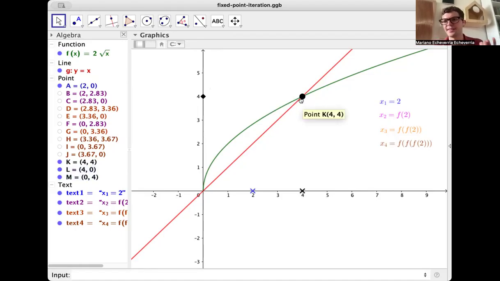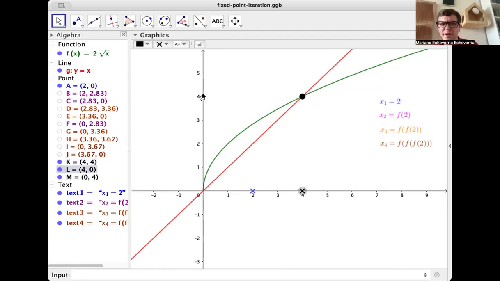So I want to find this point on the graph, or this x value. Once you have the x value, you have the point on the graph because it will be a fixed point, so you even know the y value automatically. It's going to be the same. That's why I'm showing you the x value here.